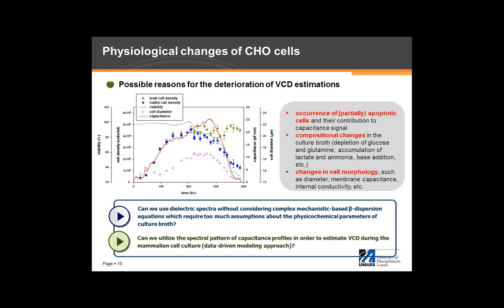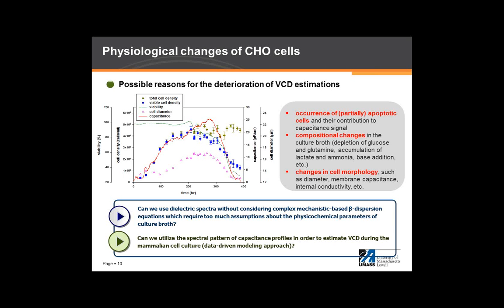So we looked into the cell morphology and biology aspects a little further. As you know, after the plateauing period and declining phase, a lot of apoptotic cells are created, and as a result they increase the conductivity and the extracellular properties in the media.